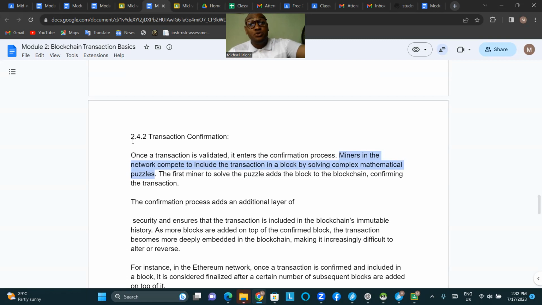The very first to do that is one confirmation. The second node, the second fastest computer, validates this transaction and confirms it by adding it to the block. So one confirmation, two confirmations, the third computer, three confirmations, four confirmations.